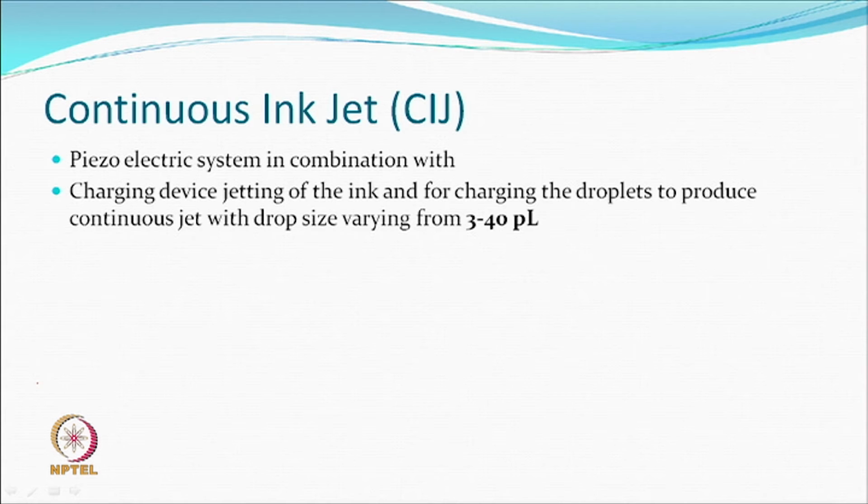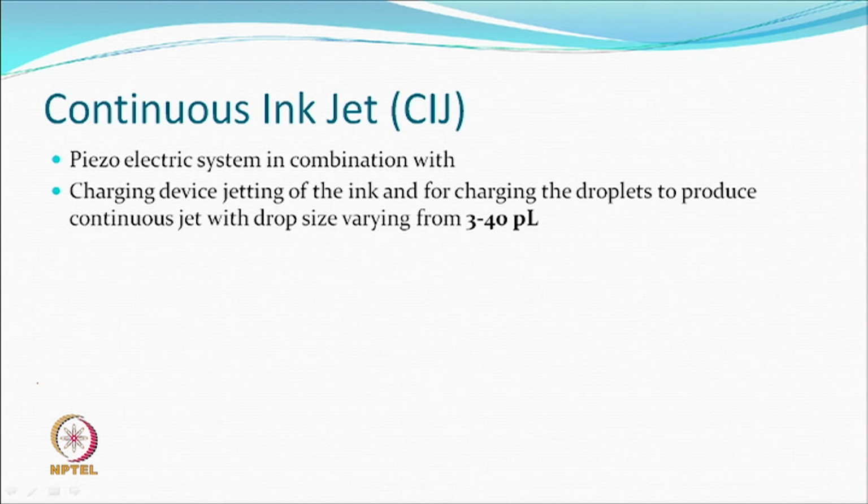One interesting thing is that the jet is continuous, it does not stop. You may have a high frequency signal coming, and every time the signal comes, the jet just keeps coming. Continuously the drops are being formed and thrown. When they are being thrown, we have to do something about it. The droplets are charged, and sizes can be varied depending upon the frequency and also the total amplitude of the change.